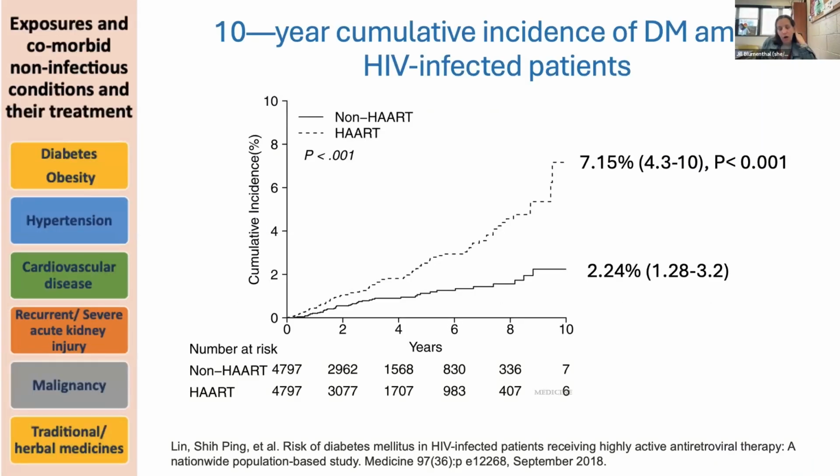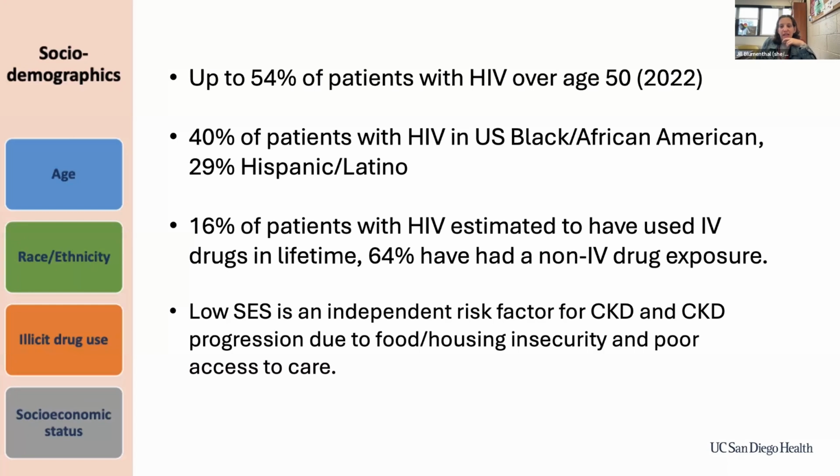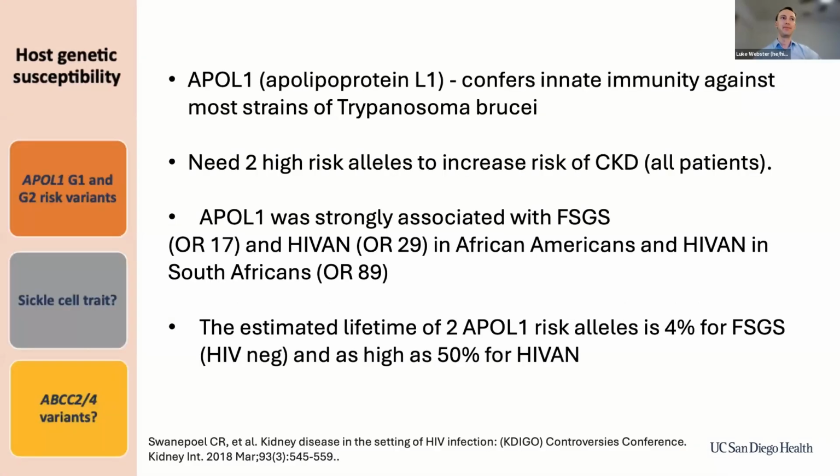Luke, I'm sorry, there was a quick question about the genetic tests that you mentioned on the slide before. Are they commercially available to screen patients of African descent? Are these used in practice much, or is this more of a research tool? Great question.